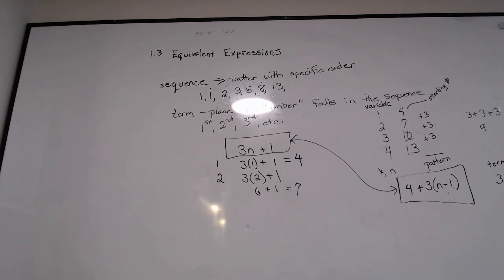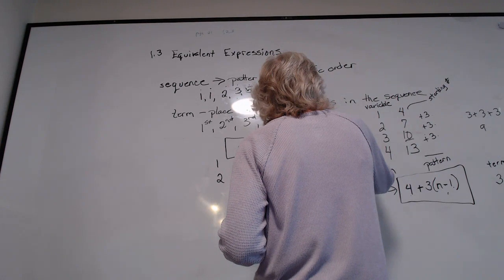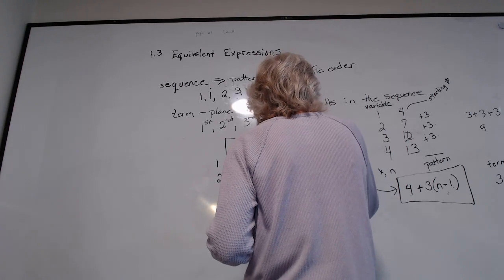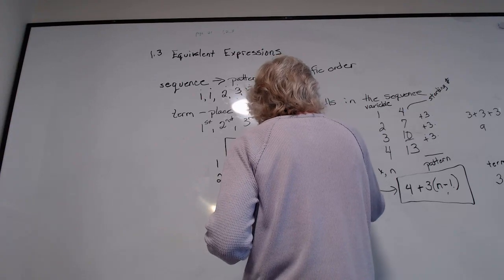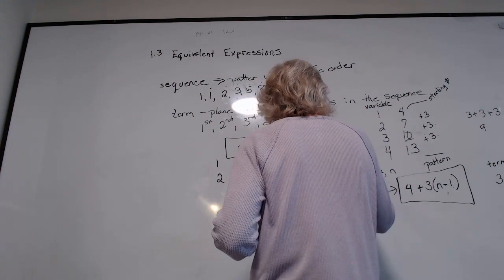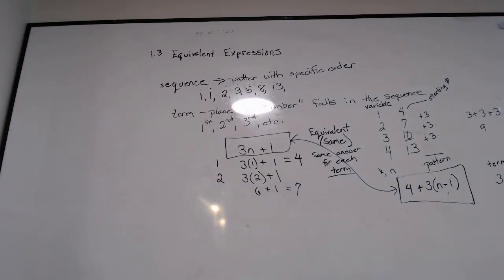Equivalent means same answer for each term. So one way to check if expressions are equivalent is to see if they both equal the same thing when you put in the same number.